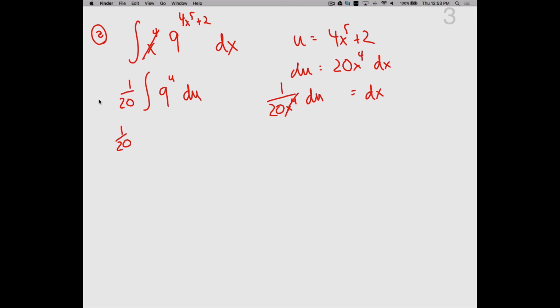What's the antiderivative? 9 to the u over natural log, 9 to the u times 1 over natural log of 9, good, plus c. So 1/20th times 1 over the natural log of 9 times 9 raised to the 4x to the 5th plus 2.